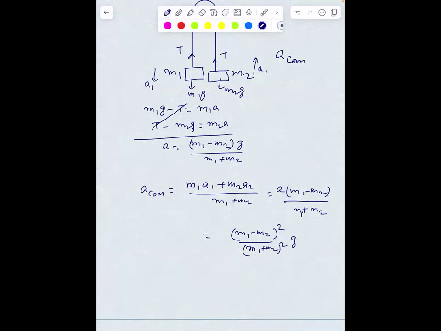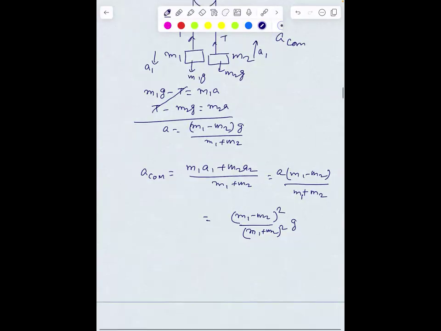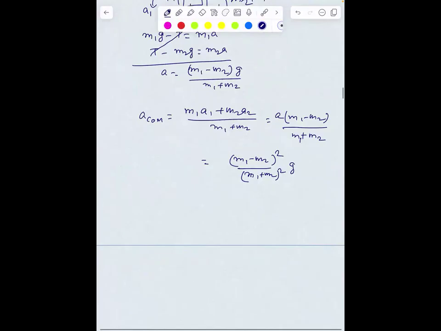Now guys, listen very carefully. If I ask you a simple question, let a disk, semicircular disk like this, semicircular disk.